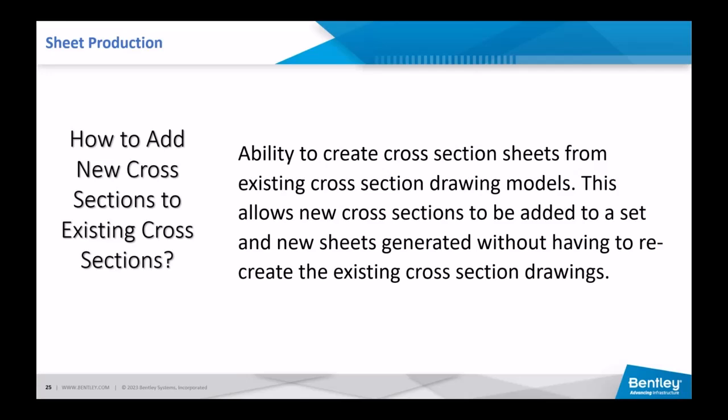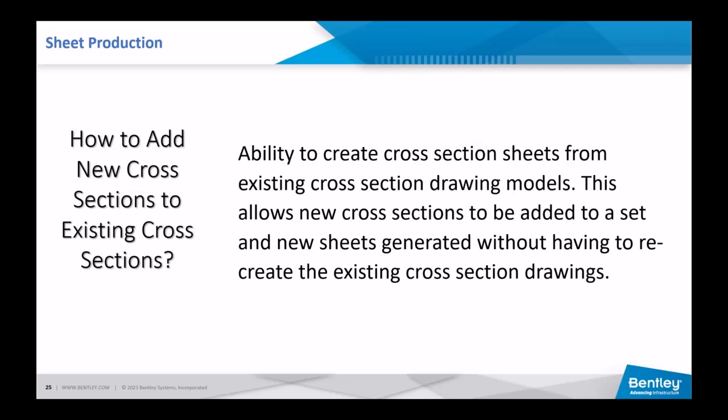How do I add new cross-sections to existing cross-sections, or cross-section drawing models that have already been cut? That ability was added, so you don't have to get rid of all of them.